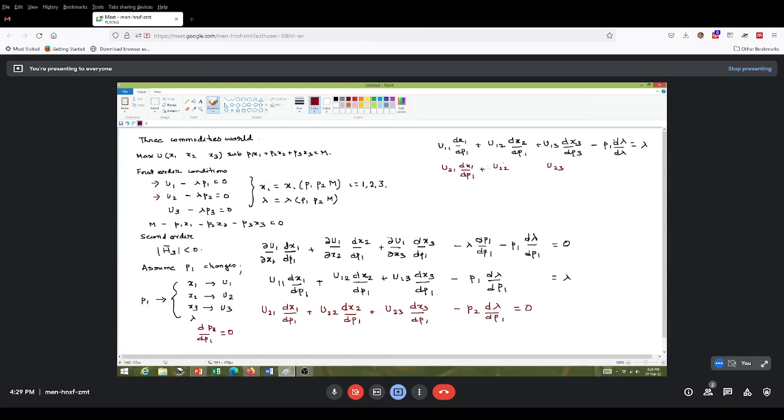So you can see that a linear system is being generated. If this is our x, the unknown, what we want to find out. This is equal to 0. Sorry, there's an error over here.